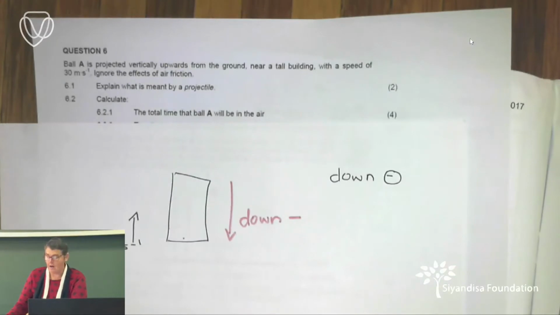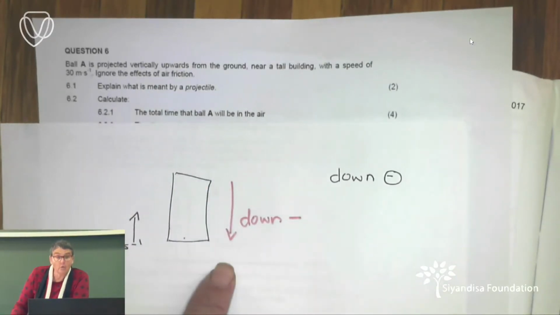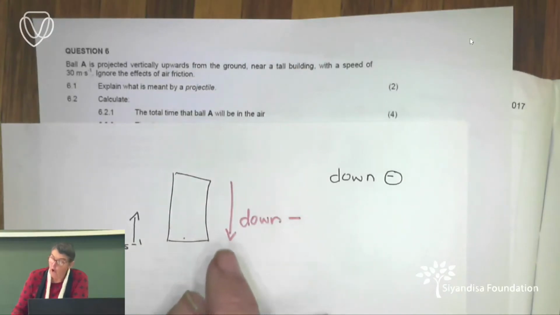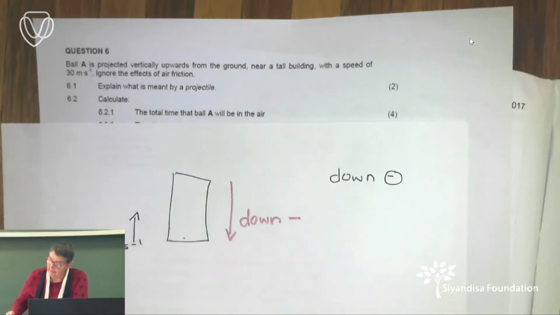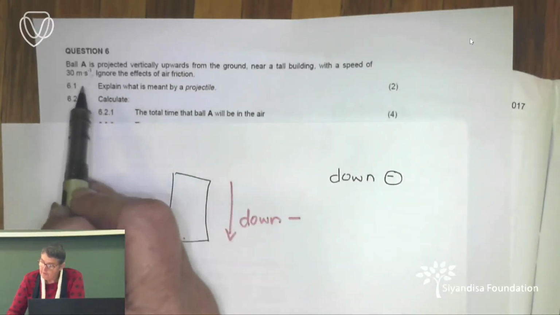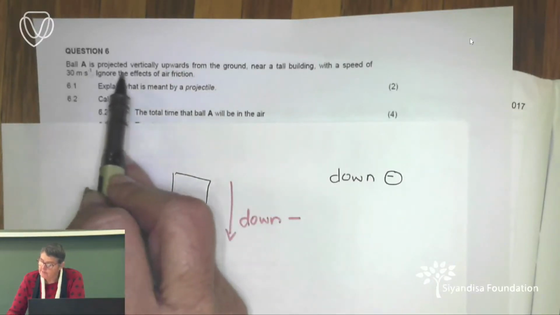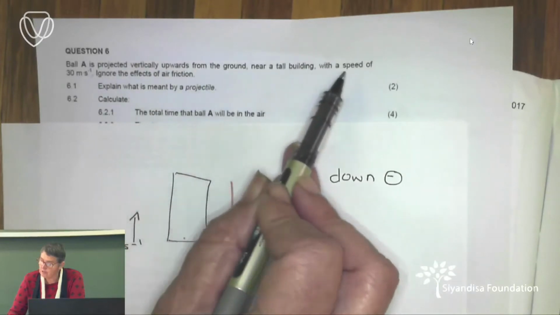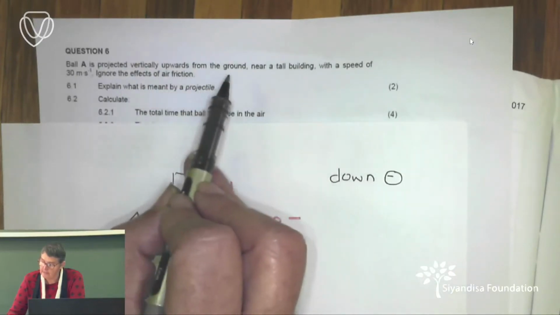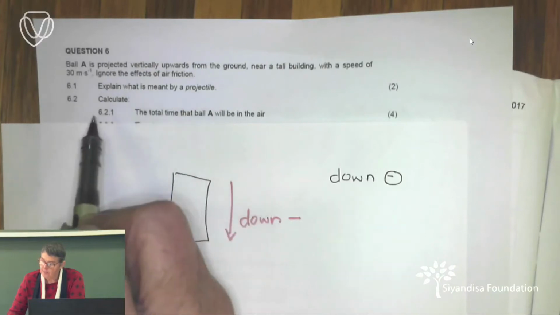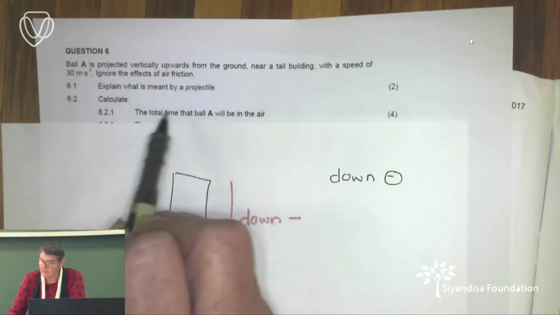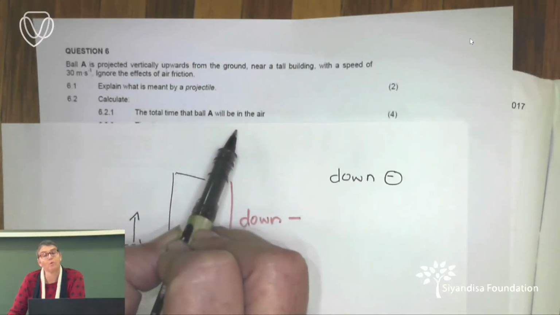Now, what else do I know in this picture? The ball A is projected vertically upwards from the ground near a tall building, and they ask for the total time that the ball was in the air.